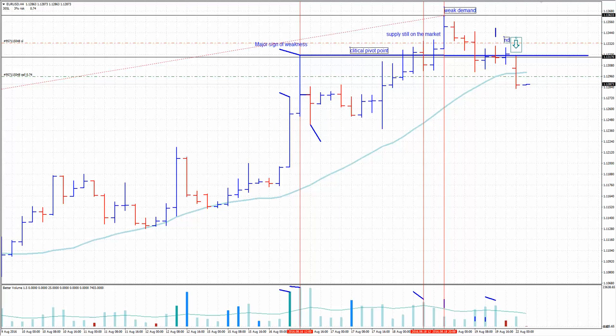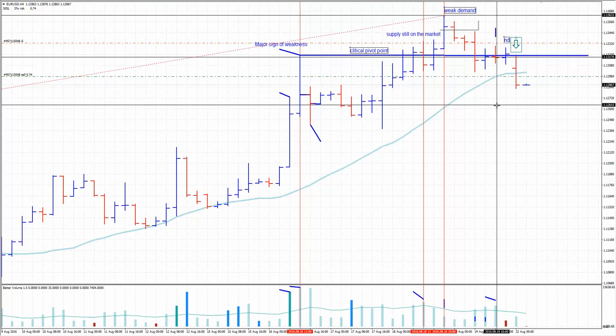suggesting that demand is still present in the market, and that probably the price will go to visit the swing high of this bar, or even go a little above this and then go lower.